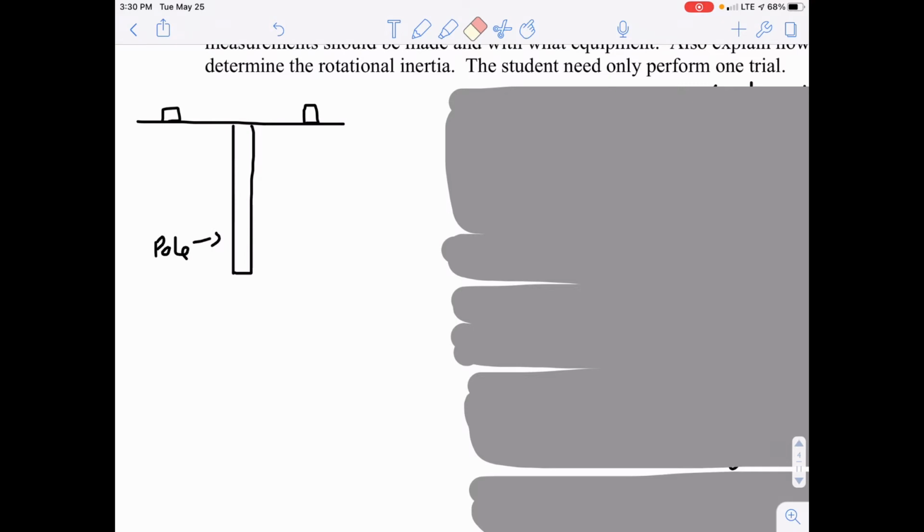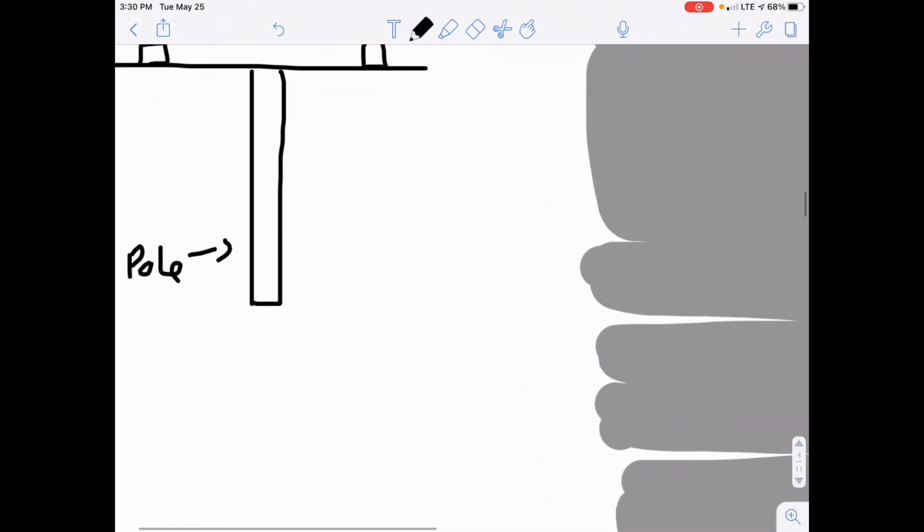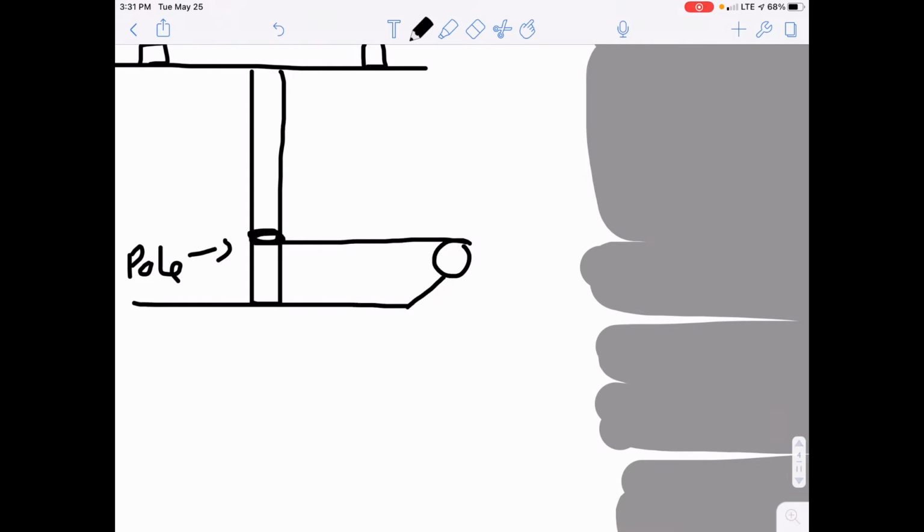Now, how do we get it to rotate? Well, here's what we do. Take some string, put this on a tabletop, fasten a pulley near the edge of the tabletop, and take some string and wrap the string several times around the pole.